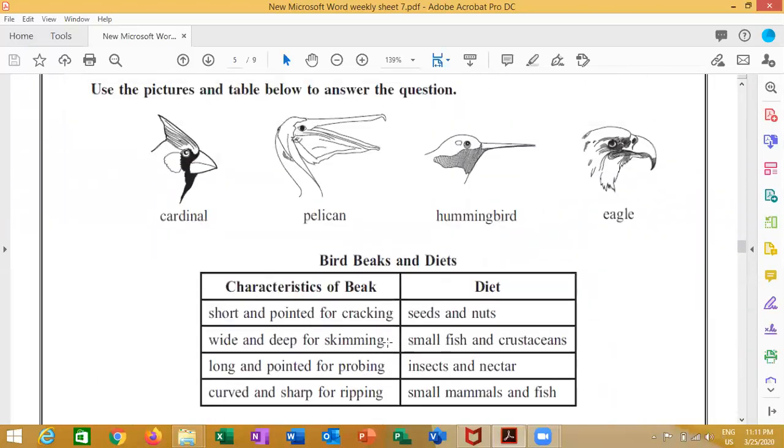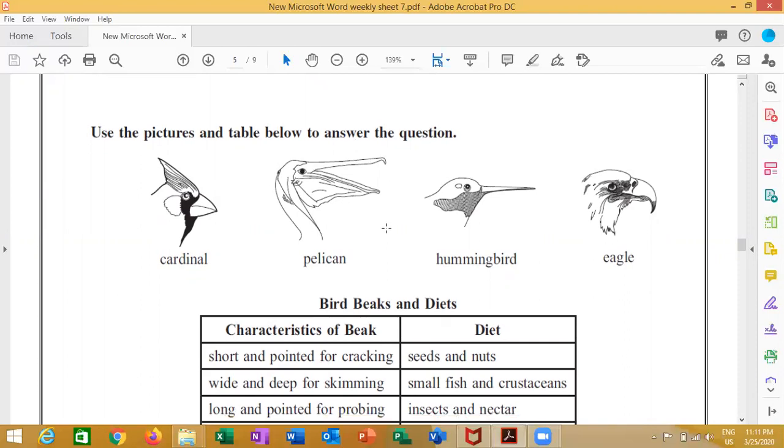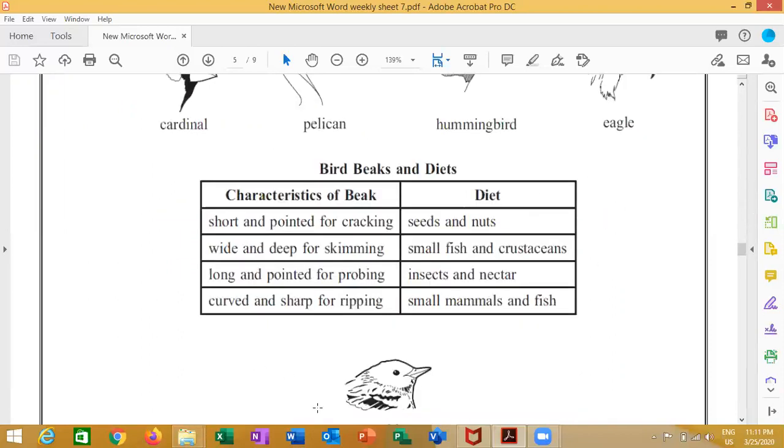Okay. Here it is, guys, the question about the adaptation of birds or how the different beaks of birds will help each one to survive in its environment. So each bird of these birds has different beak. Why? Because of course each one has different type of food. So question here is asking about this bird.